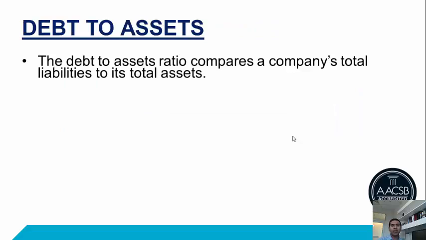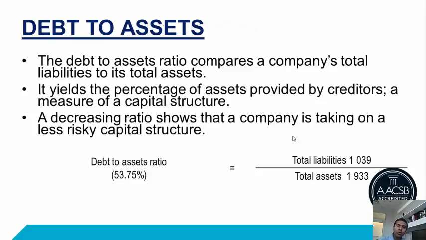The debt to assets ratio is your total liabilities divided by your total assets. In the Myer example, your total liabilities are $1,039 million and your total assets are $1,933 million. Divide total liabilities by total assets and your debt to assets is 53.75%.